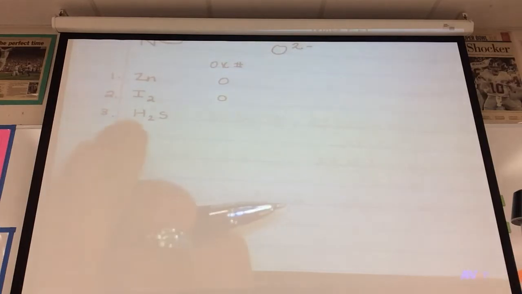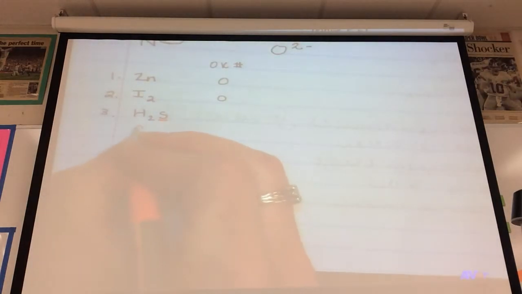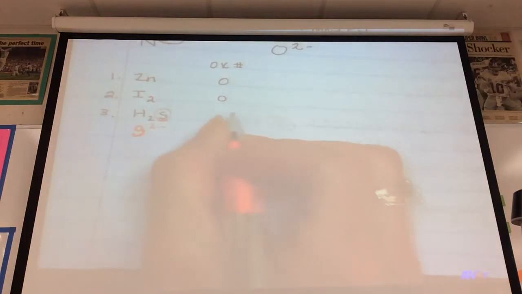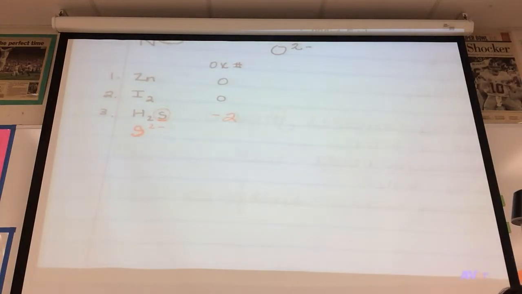Which is more electronegative, H or S? S. If S was by its lonesome, what would its charge be? 2 minus is correct. Therefore, the oxidation number of sulfur is -2. In addition, if you start a compound with H, H is going to be +1.